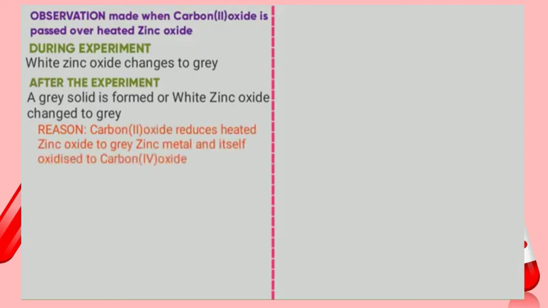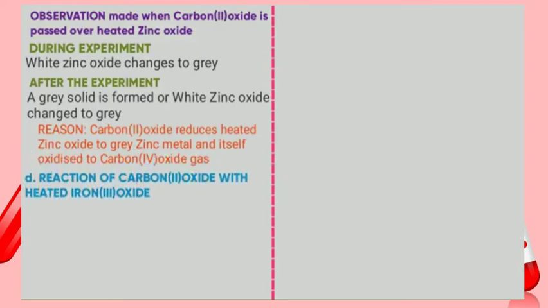D. Reaction with heated iron 3 oxide. Chemical equation is iron 3 oxide plus CO gas carbon 2 oxide arrow iron metal plus CO2 gas. To balance the equation, place 3 where there is carbon 2 oxide and then place 2 where there is iron.